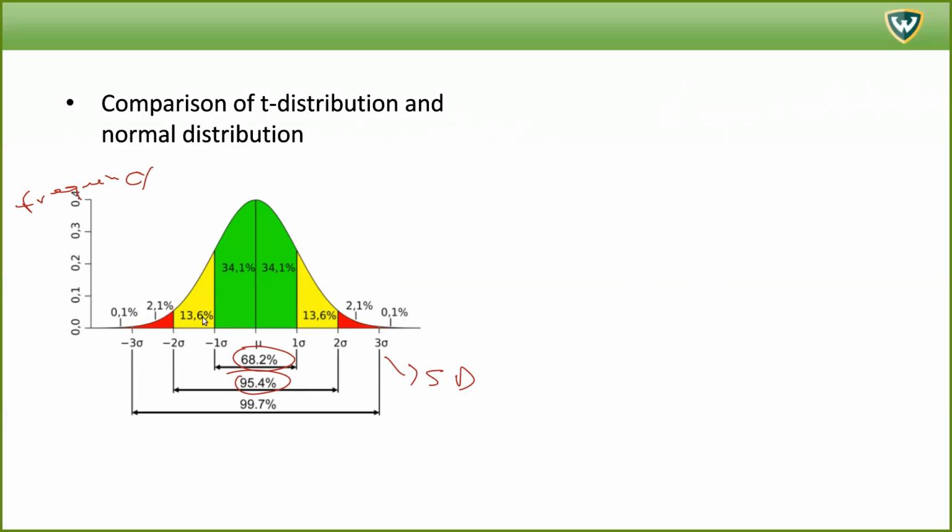And what does this all mean? Well, this means that within two standard deviations, both negative and positive, with a normal distribution, 95% of observations are going to fall within that.